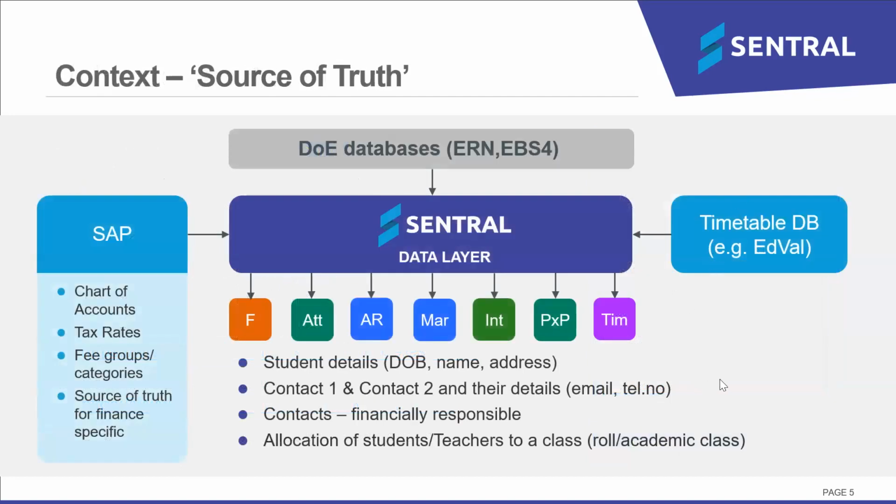Before we cover all those items in the checklist that are available for you to go step by step through, I just wanted to clarify quickly that the department database is the source of truth you're perhaps all familiar with when it comes to the date of birth, name, address of students, all the student details, contact 1 and contact 2 and their details, like your email and telephone number, and the financially responsible, which comes from EARN and trickles from the department databases.